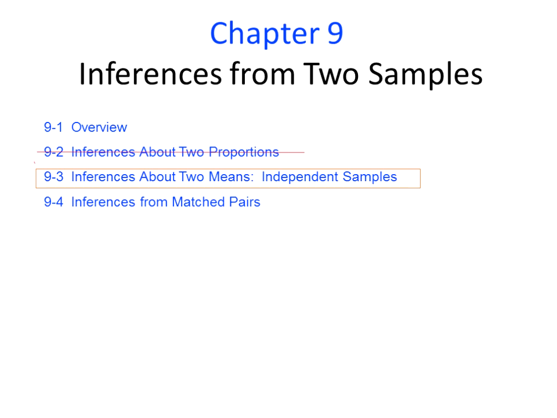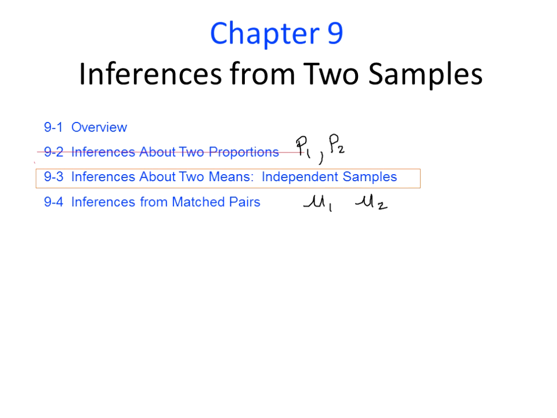All right. In this case, the population parameters that we're looking at are going to be mu1 and mu2. So 9.2 was P1 and P2.